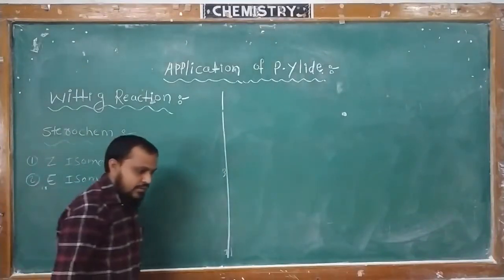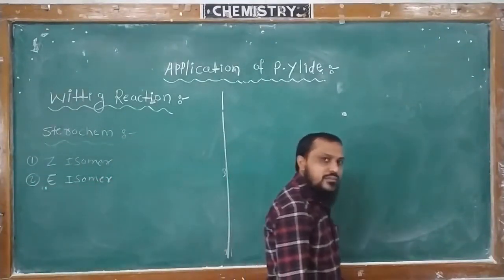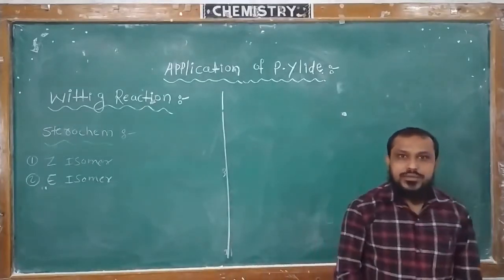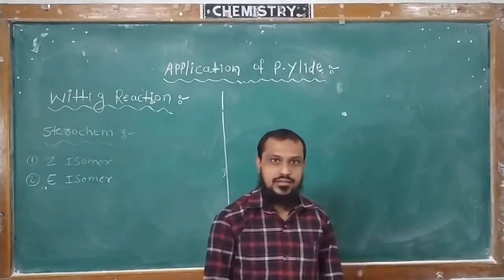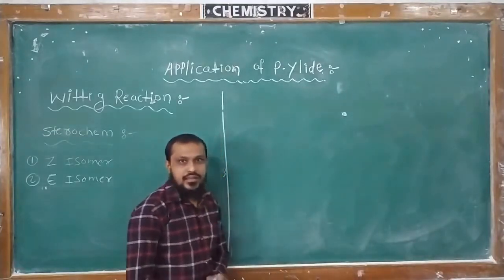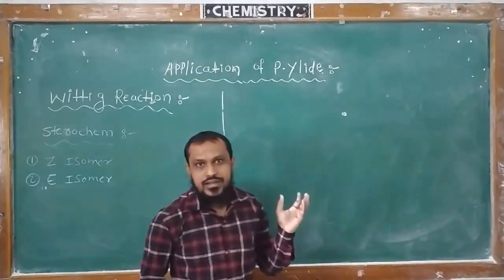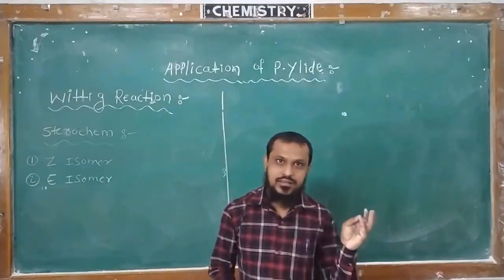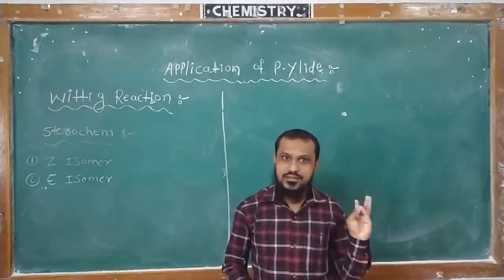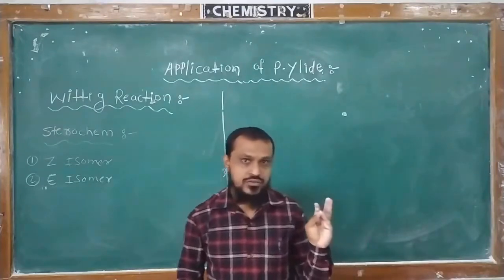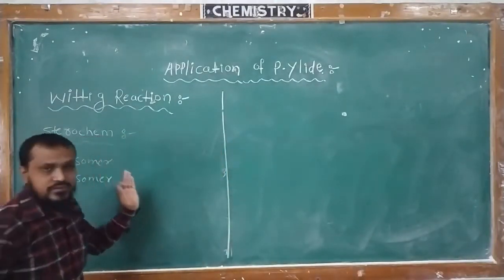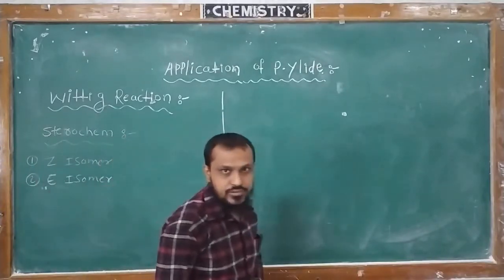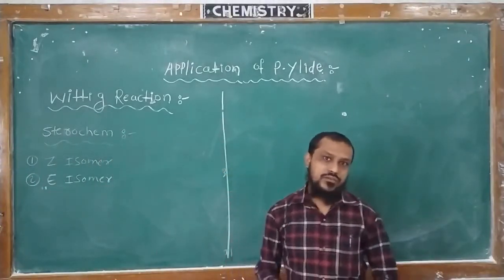The stereochemistry of the Wittig reaction totally depends upon the reactivity of the phosphorus ylide. We know that in the Wittig reaction, phosphorus ylide is used as a reagent.